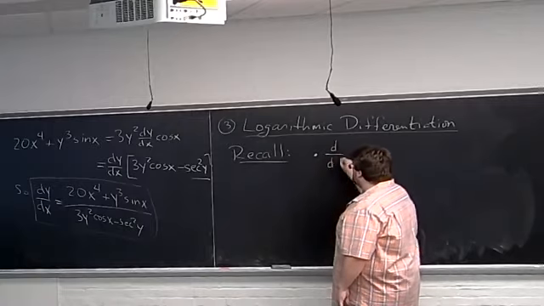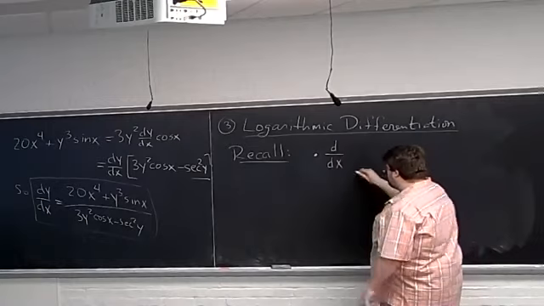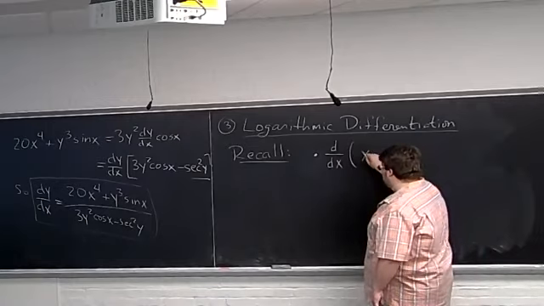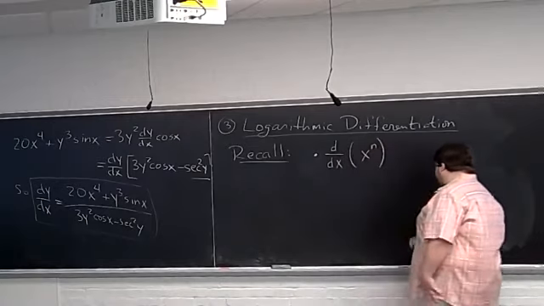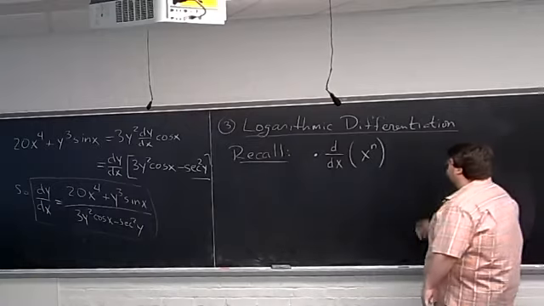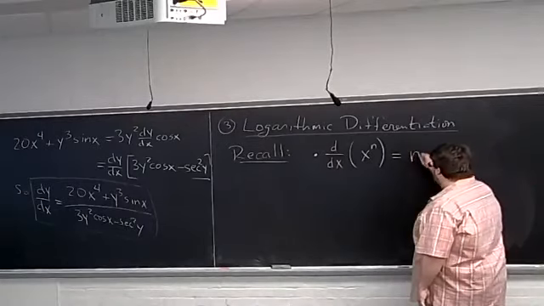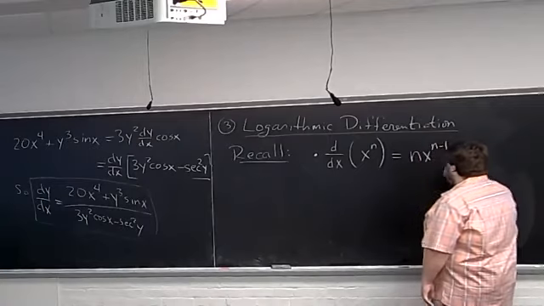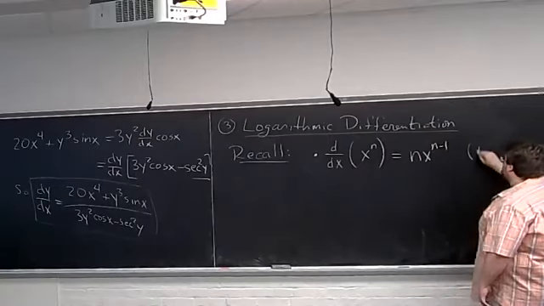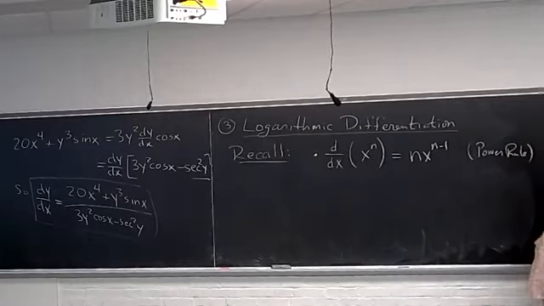We have another notation for taking a derivative, d over dx of a function. Recall, the derivative of x to the n is what? Well, it's nx to the n minus 1. And this is the power rule.